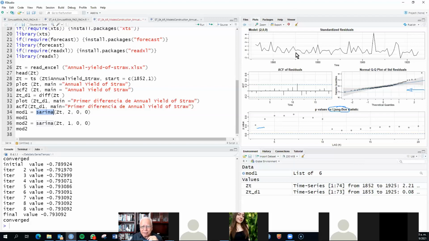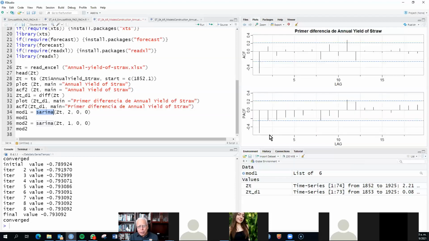Now the other alternative is, when we analyze the ACF of the first difference, according to this ACF and partial ACF, this could be a first order model of the first difference of the series. So we'll try that model.